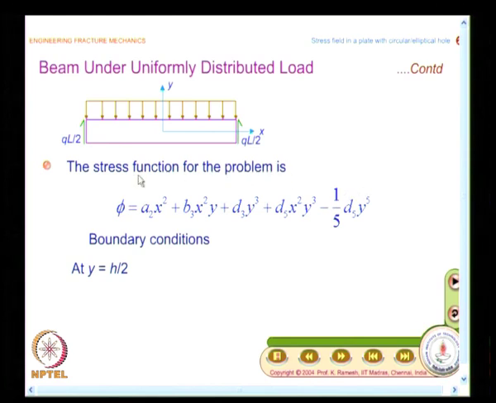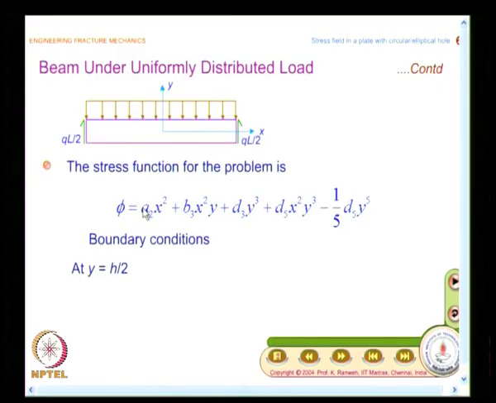If you really look at it, you have certain elements of polynomial of degree 2, polynomial of degree 3 and polynomial of degree 5. These are combined in a suitable fashion to be a valid stress function for the problem that we have taken up. How do people arrive at it?